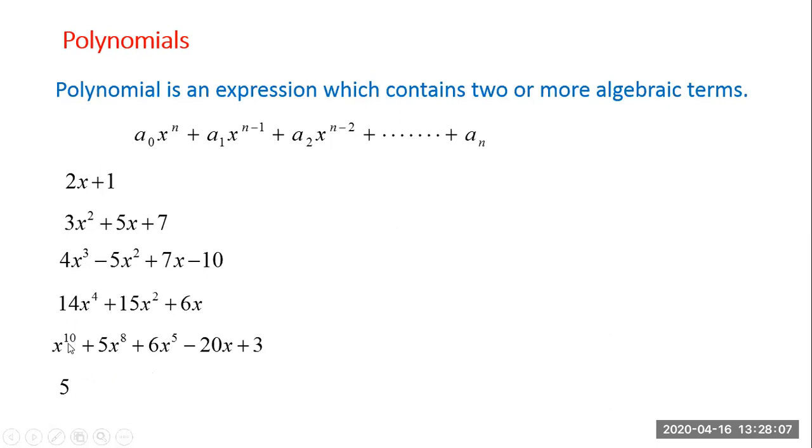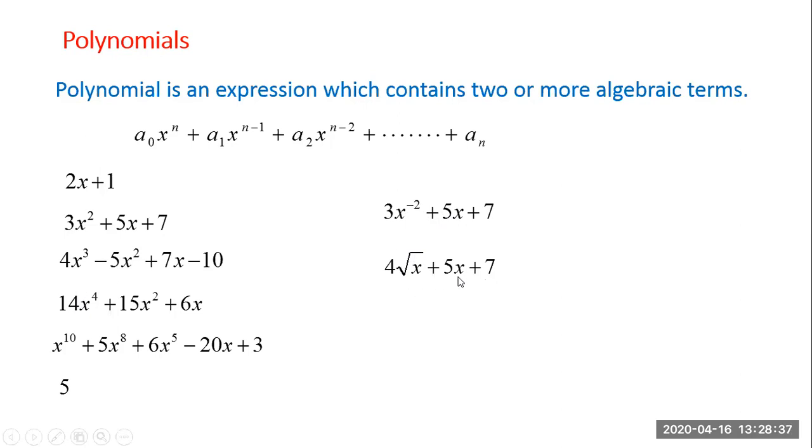So the condition is all the powers of x must be non-negative integers, and the highest power of x is called the degree of that polynomial. 3x power minus 2 plus 5x plus 7 is not a polynomial because the power of this particular x is minus 2, a negative number. This is also not a polynomial because one term has the power of x as 1 by 2.